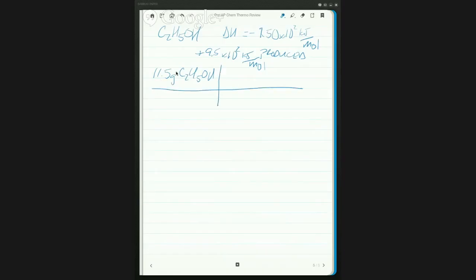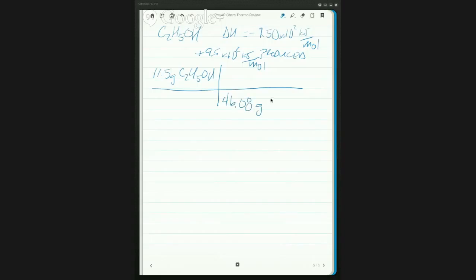So what I have to do is take this and divide it by the molar mass. 2 carbons, that's, well, I could probably just do my calculator. So 12.01 times 2 plus 1.01 times 5 plus 16 plus 1.01. And I get 46.08.